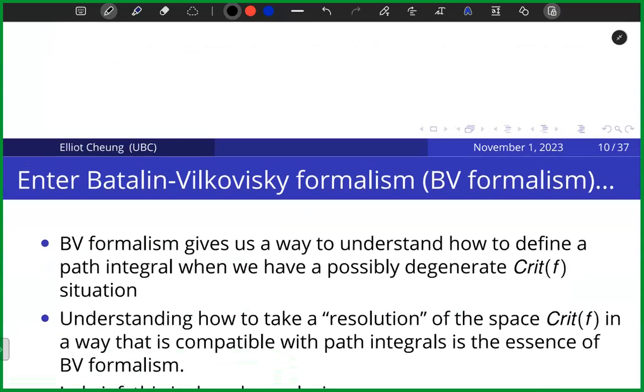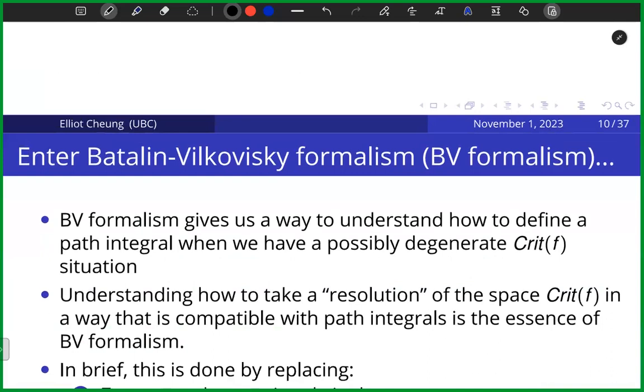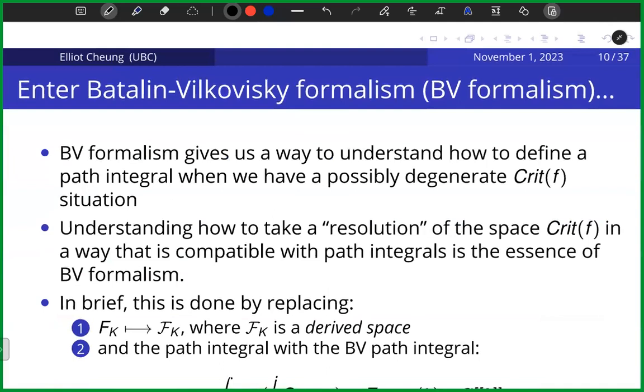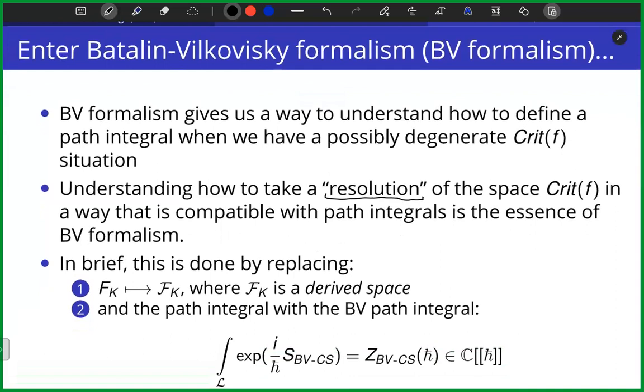This gives us a way to define path integrals when you have a possibly degenerate situation. The key idea is to use derived geometry. One of the main ideas in derived geometry is that you can take resolutions of spaces. I will elaborate on what that means later. It's a little different from resolving singularities, but it's related still.